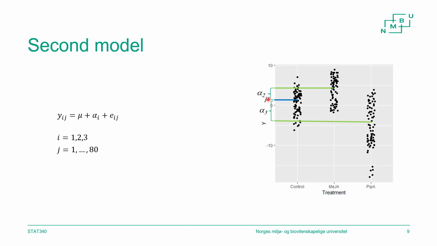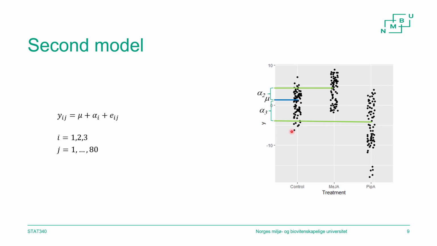There is no deviation from mu here, because mu is decided by this one. If we had the grand mean reference, it would be different, right? Because then mu would be the average of all, and then you would also have a value for alpha 1. But not in this case.